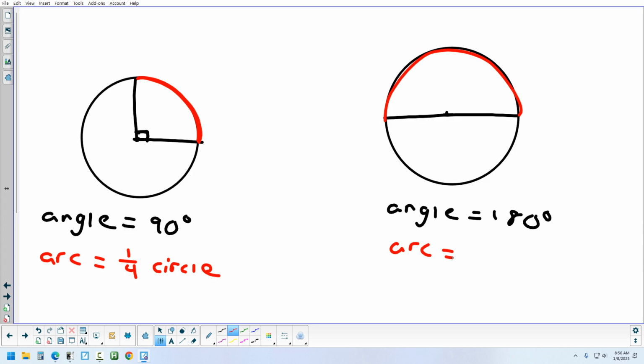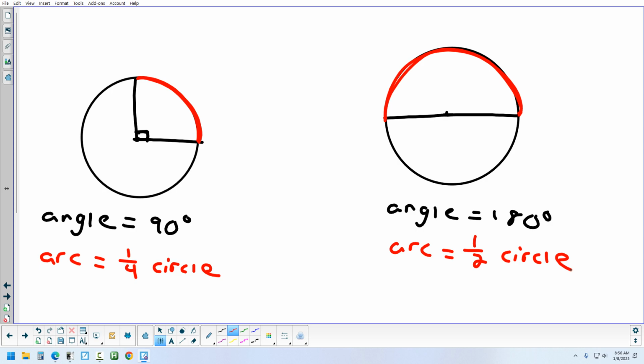If these are directly proportional, then the size of the arc should have doubled as well. If it doesn't, then they're not directly proportional. How much of the circle does that arc take up? It takes up half. It's a half circle. So the point here is if you have an angle and you double its size, then you also double the size of the arc. You went from 1/4 of a circle to taking up half a circle.